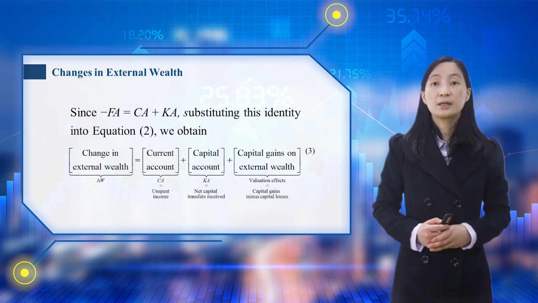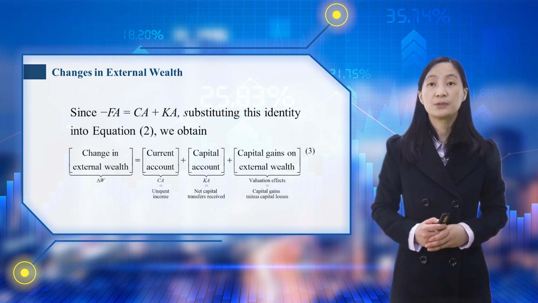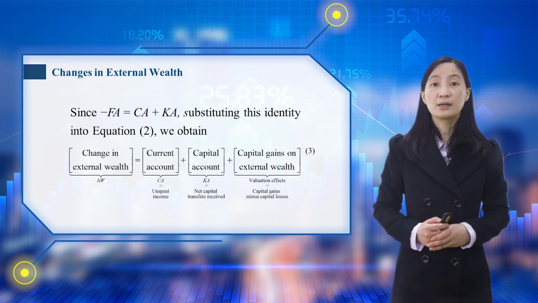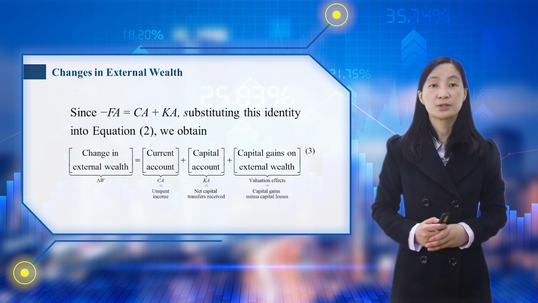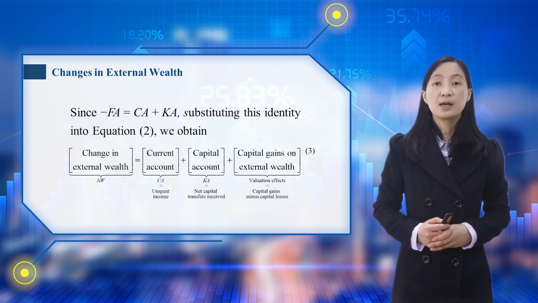We gain a deeper understanding of this expression if we recall the BOP identity: the current account plus the capital account plus the financial account equals 0. Hence, minus the financial account equals the current account plus the capital account, or minus FA equals CA plus KA.